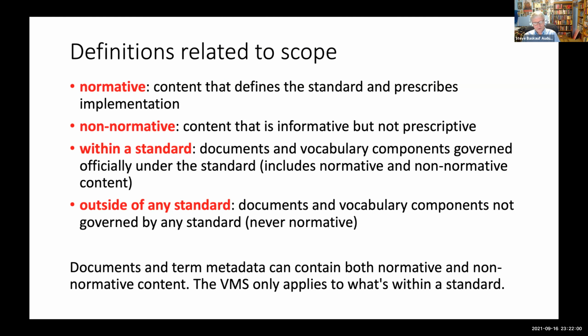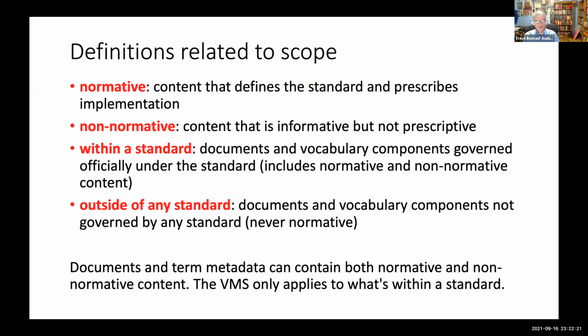So I'm going to use a few terms here that I want to define. The first one is normative, and normative parts of standards are the parts that define the standard and prescribe how it should be implemented. There are also parts of text and term metadata that are included in the standards that are not normative.